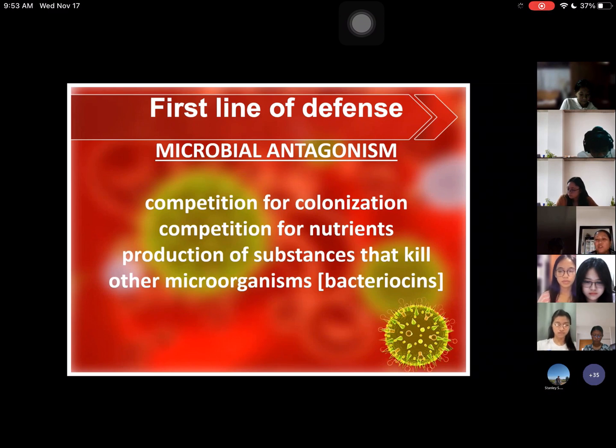And aside from competition for nutrients, there is production of substances by our normal microflora that kill other microorganisms. That's our bacteriocins, or proteinaceous substances that may destroy or kill invaders or microorganisms.